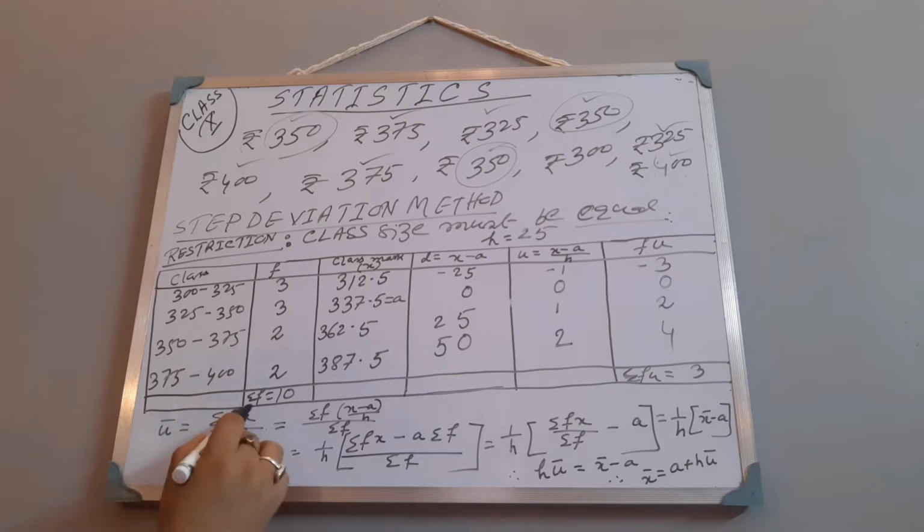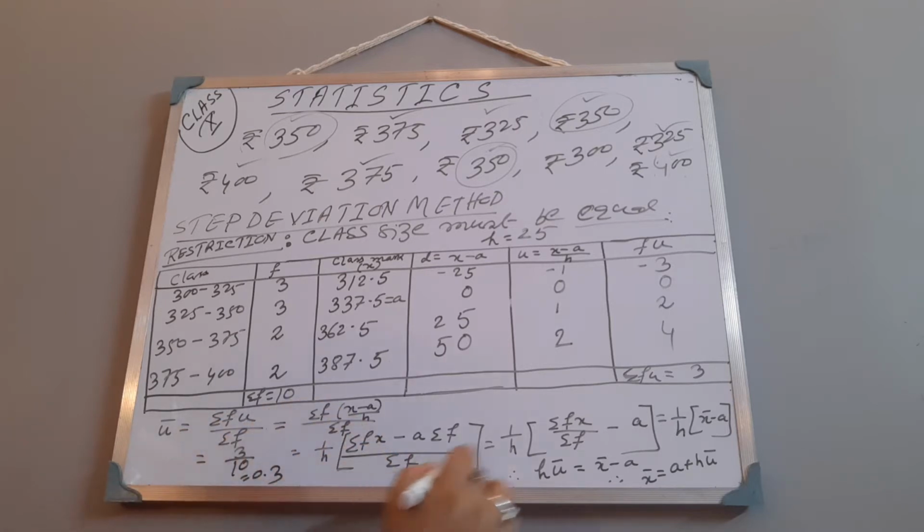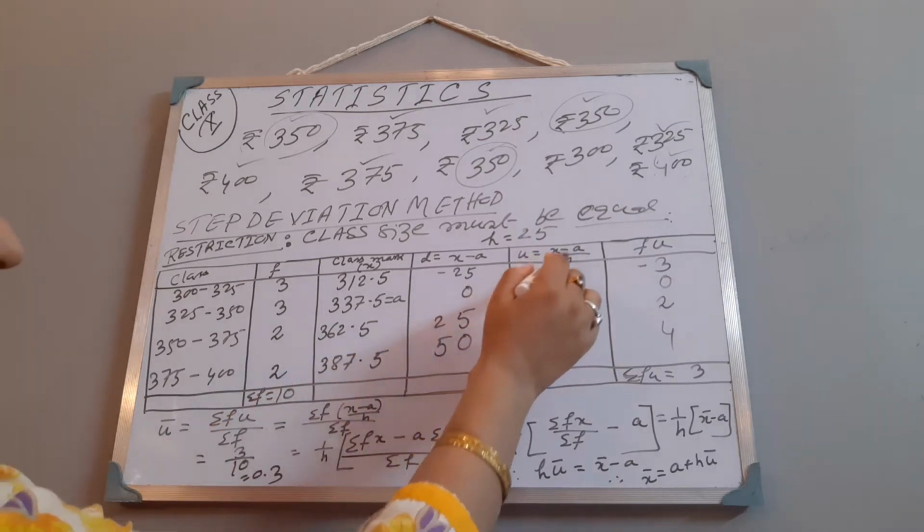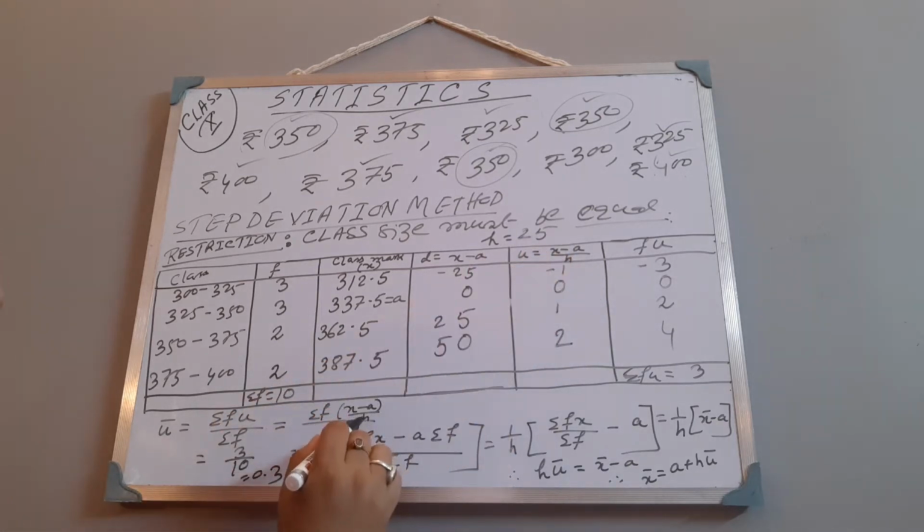Now sigma fu by sigma f, let us expand this part. We know u is x minus a by h. Put the value here: x minus a by h. Now 1 by h is a constant term, so we can take it outside the summation.